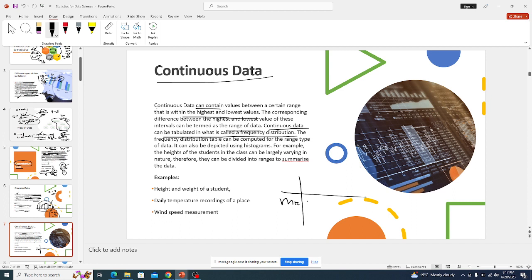So let's say last week you sold 20 Mercedes. Then we have Audi, maybe you sold 20. And then also we have the BMW, and maybe you sold 40 BMW. So basically this is what? This is a frequency distribution table, because it is showing us the frequency of what?